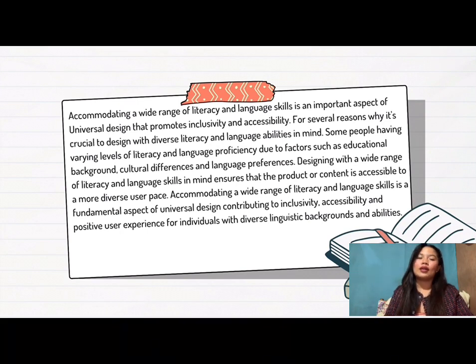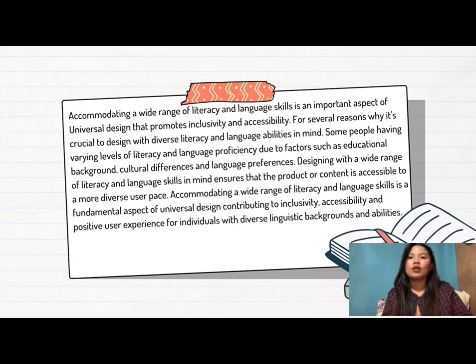First is people having varying levels of literacy and language proficiency due to factors such as educational background, cultural differences, and language preferences. So designing with a wide range of literacy and language skills in mind ensures that the product or content is accessible to a more diverse user base.